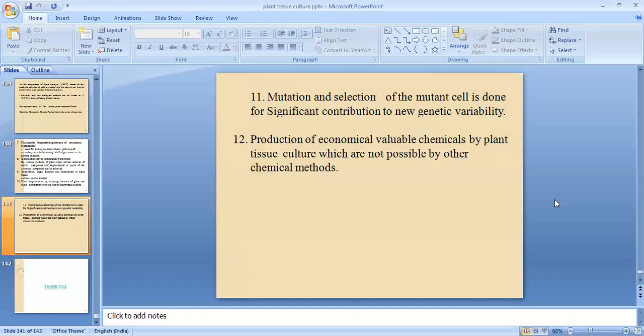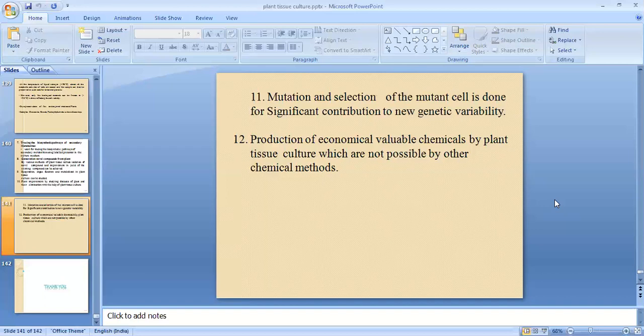And next, other genetic engineering methods like mutation and selection of the mutant cell can be done through plant tissue culture, by which a new plant with a new genetic variability can be obtained.